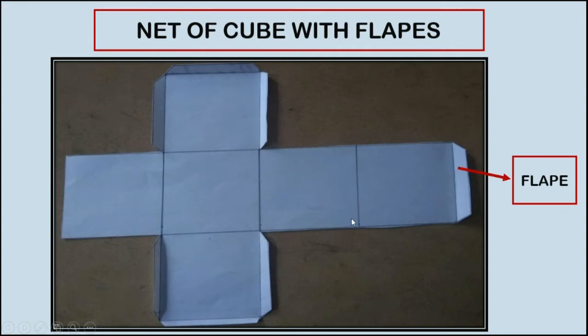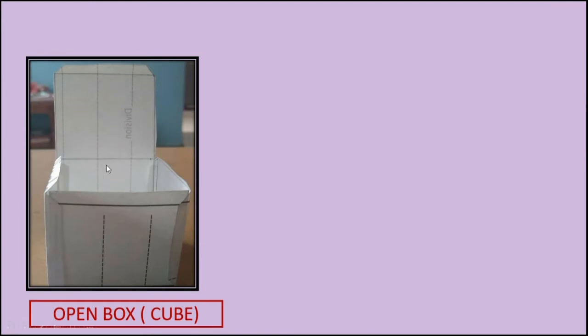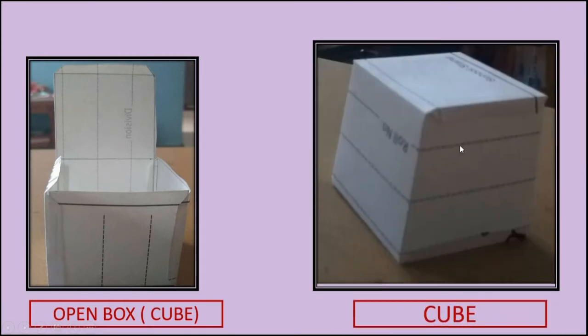Here one fold, second fold, third fold, fourth and fifth fold I have done. After folding, I have stuck it into an open box, and this is the cube, the actual cube. With the help of the flaps, I have stuck it into a cube, which is 3-dimension.